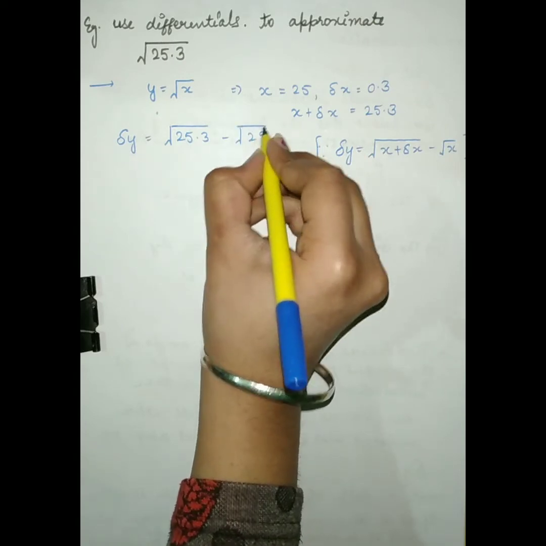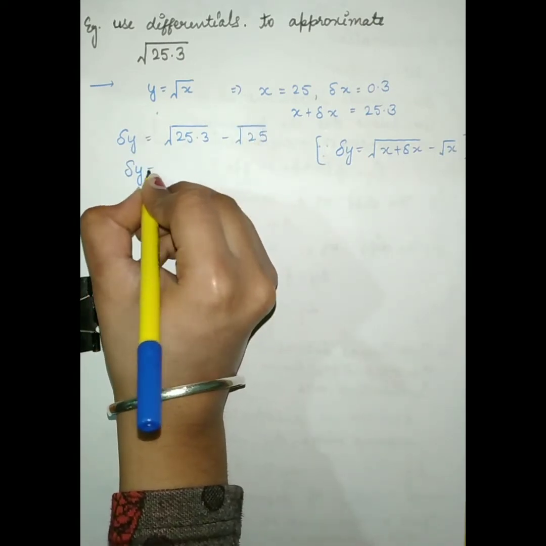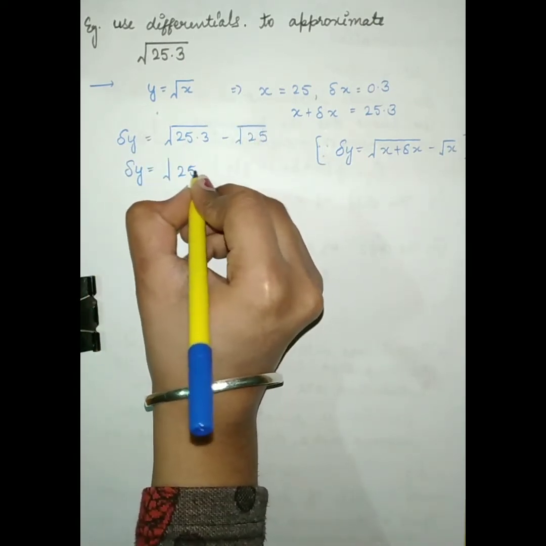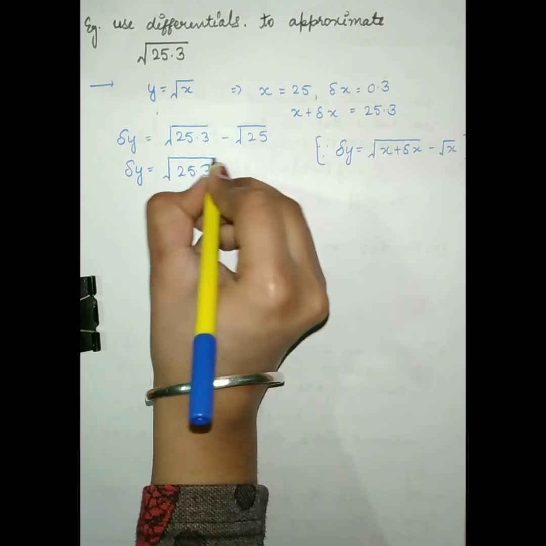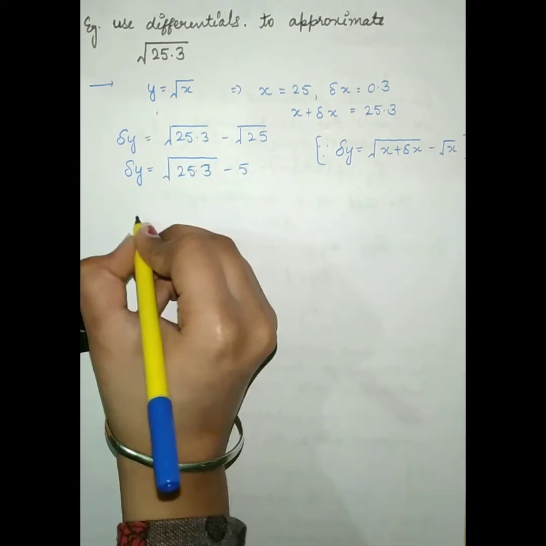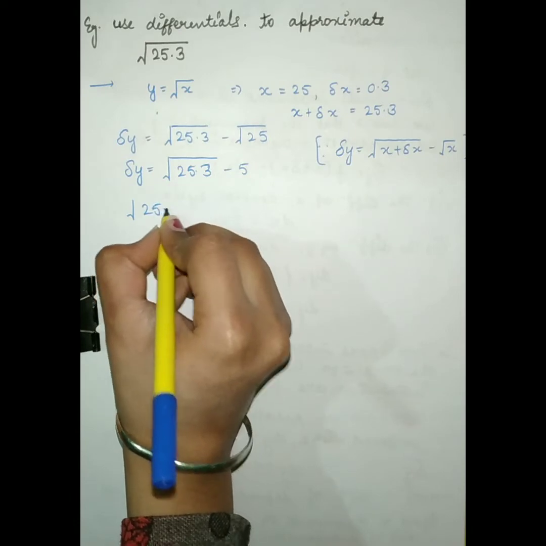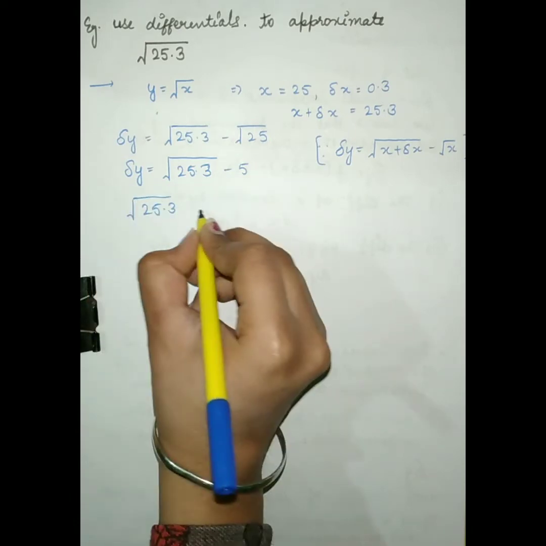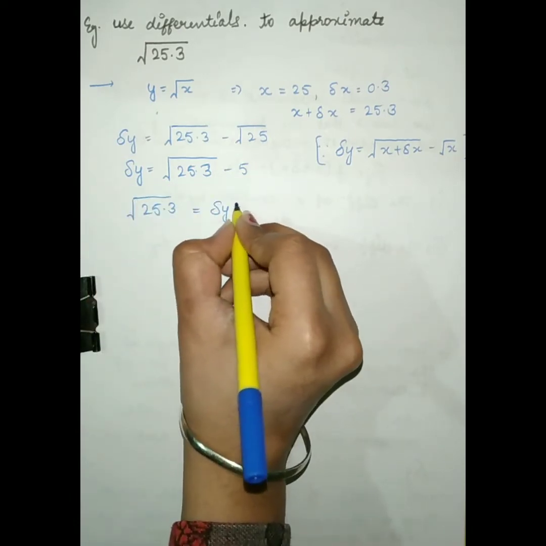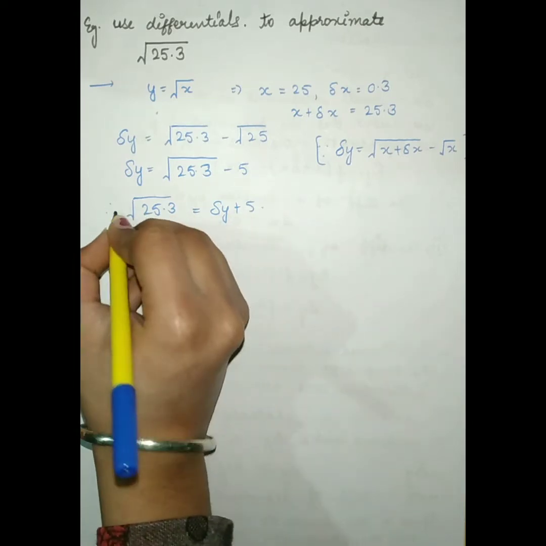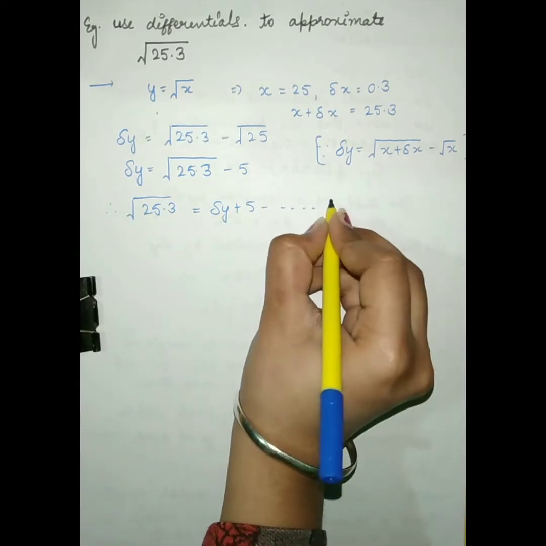That means here we get del y equals root of 25.3 minus 5. That means root of 25.3 will be equal to del y plus 5. Let this be equation number 1.